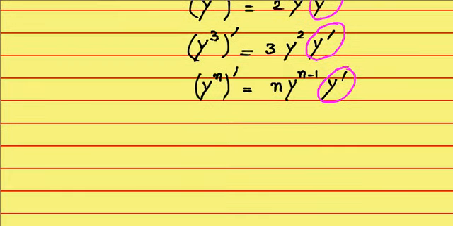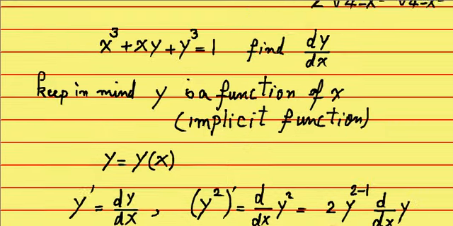Now let's see how does this show up in our equation, in our problem. Our problem was here I have x cubed plus xy plus y cubed is equal to 1. Is that what it was? Let's see. Yes.